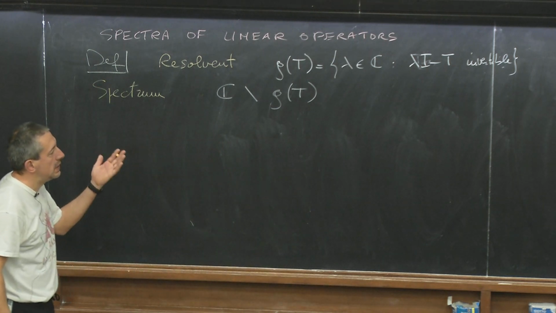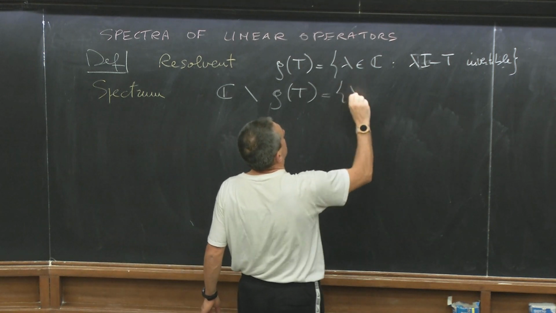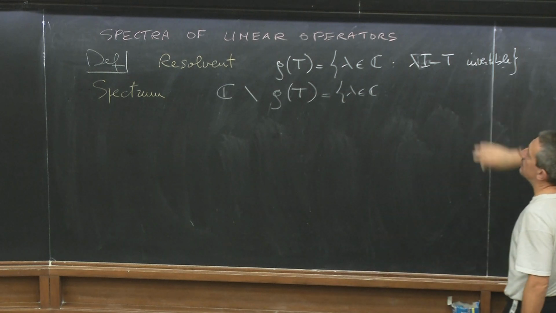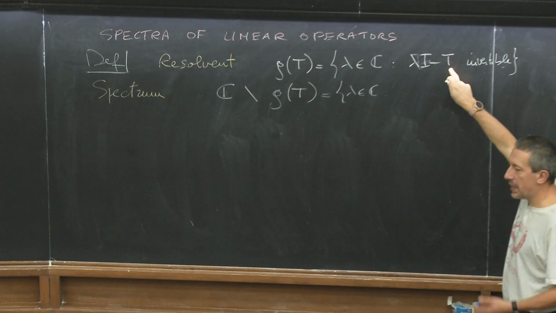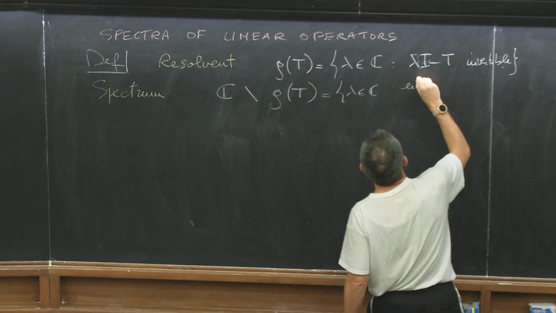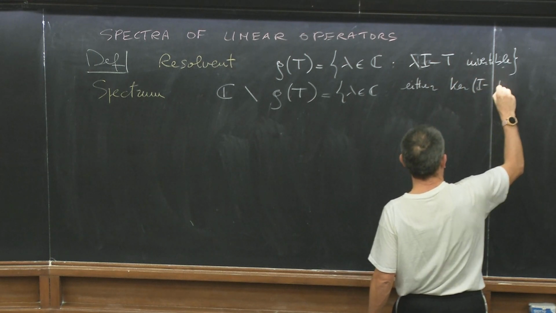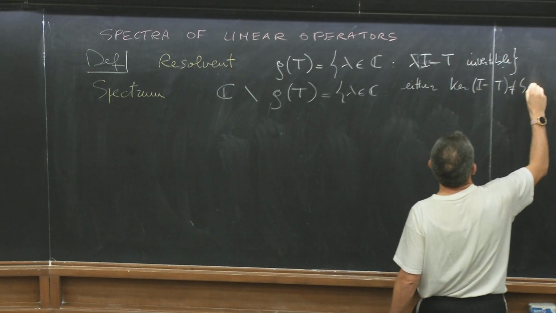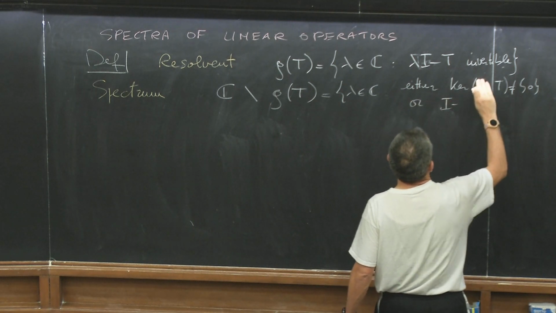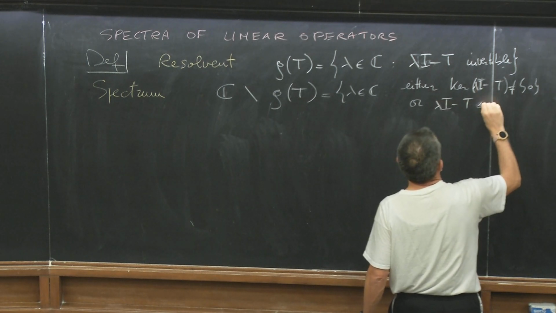So it is all the lambda such that this is not invertible, and since we are working with bounded operators, not being invertible means that either the kernel of lambda identity minus T is different than 0, or lambda identity minus T is not surjective.